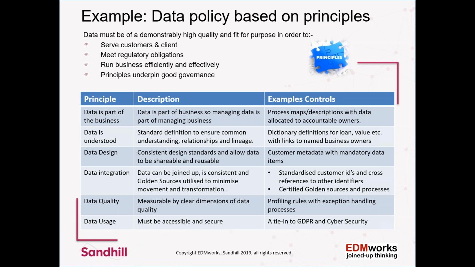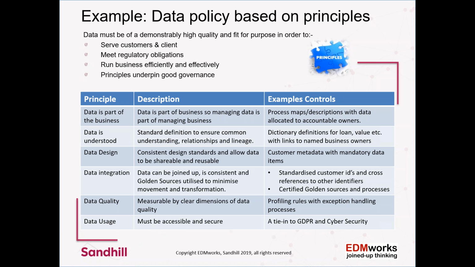Data integration, that needs standardized customer IDs, so we'd expect to see activity around standardized customer IDs. We would expect to see a list of certified golden sources. So you start with a blank piece of paper that says these are my golden sources, and over time you would expect that list to get built up so that system X is the golden source for a certain type of retail customer.